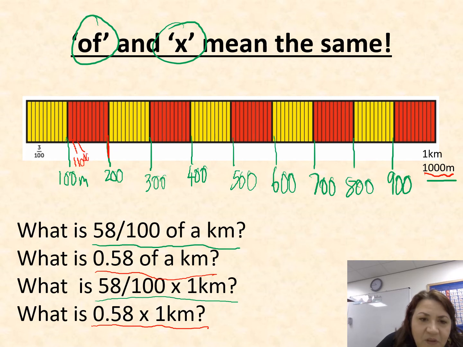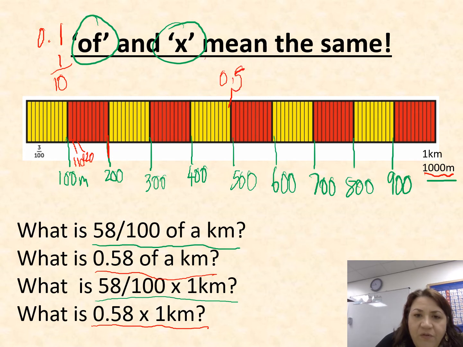The next one is 130, and so on. But we also say that that is 1/10 of the whole diagram, or 0.1, which means here is 0.5 or 5/10, and that halfway point.